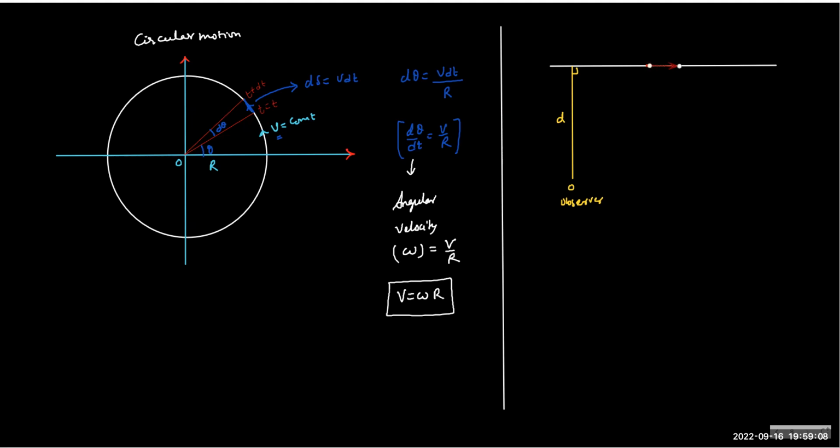This is called the line of motion. The question is, if this particle is moving forward with speed v, if the gap is d, if the angle is theta, can you tell me what is d theta by dt? It's again pretty simple. We have done it many times. What is d theta by dt representing here?